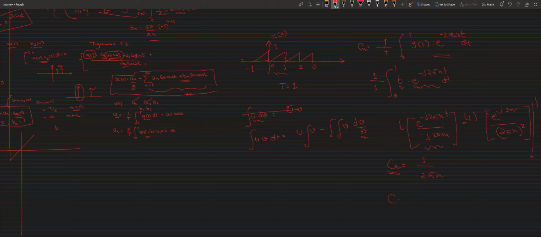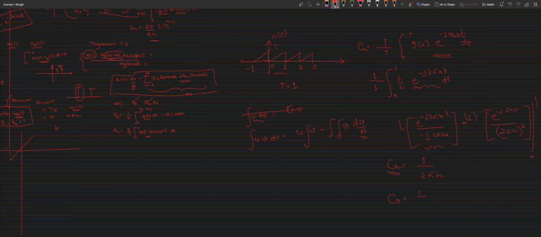Same way C0. What is C0? It is actually we have to apply the limit formula, right? So it will become actually 1 by 2.